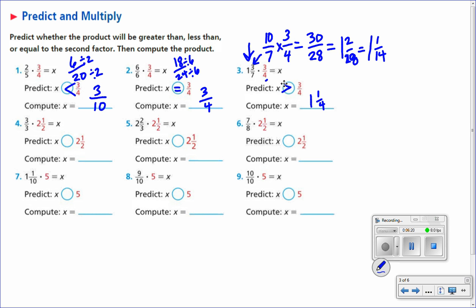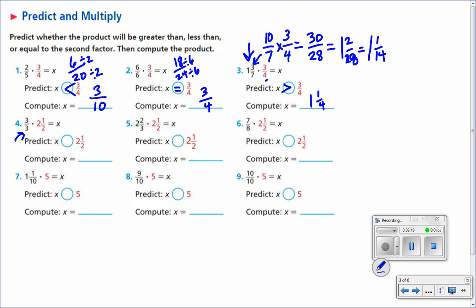Now you're predicting 3 threes. Right here, I'm looking at this one. 3 threes of 2.5. First of all, what is 3/3? 1 whole. I hope you're writing all of these examples down. I see some of you with your pencils not moving. Would you predict that it's going to be greater than, less than, or equal to 2.5? What would you predict?